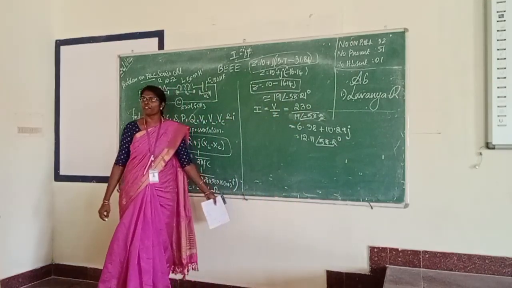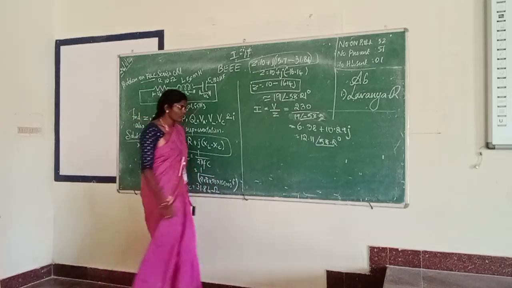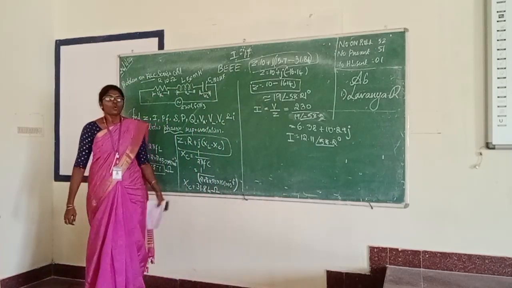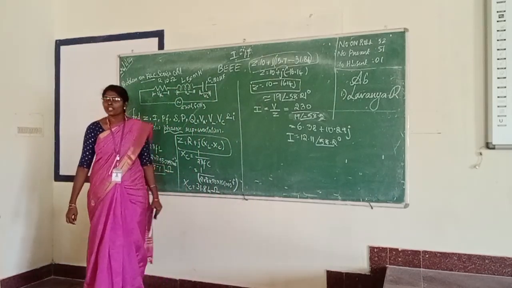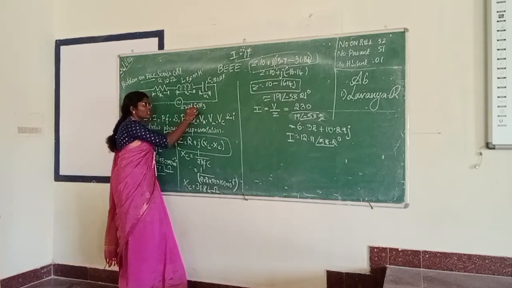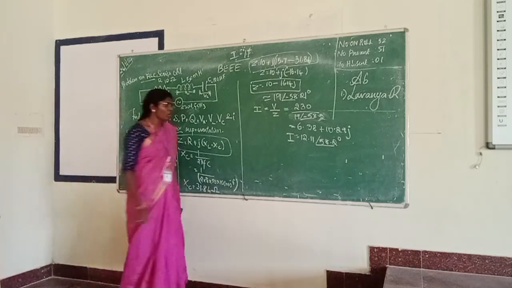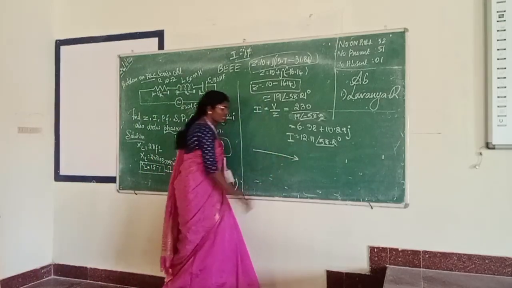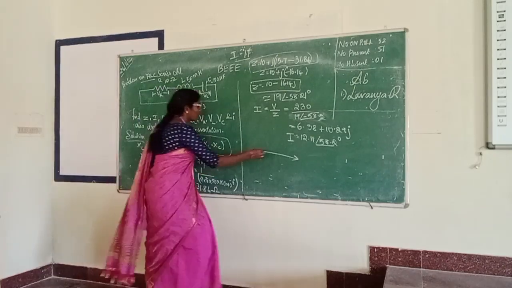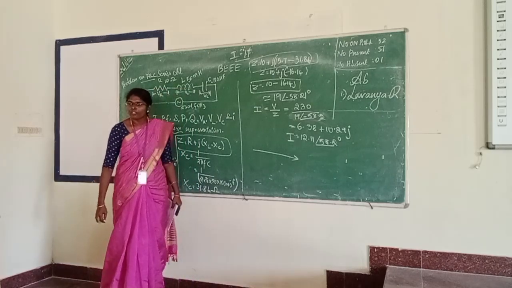Are you all clear up to this? Now, this is the value for current I. What is the voltage value? We know it is 230. Is there any angle? It is said to be 0 degree. There is no angle mentioned there. Current is at an angle of 58 degree.